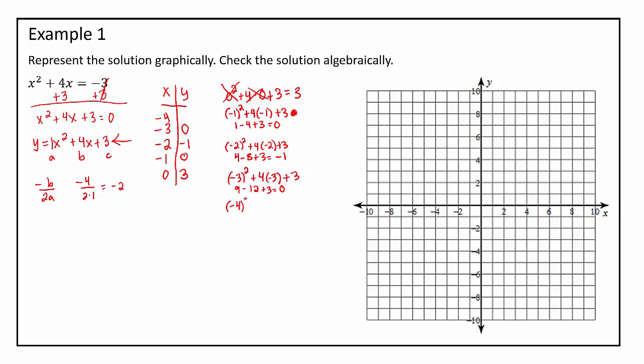And then when I plug in -4, I get 16 minus 16 plus 3, which is 3, which again is good that those matched up. Now if I graph this, I have -4, comma 3, -3, comma 0, -2, -1, -1, 0, and 0, 3.